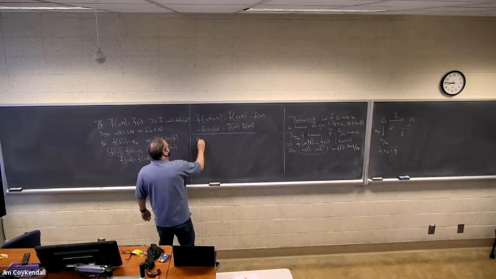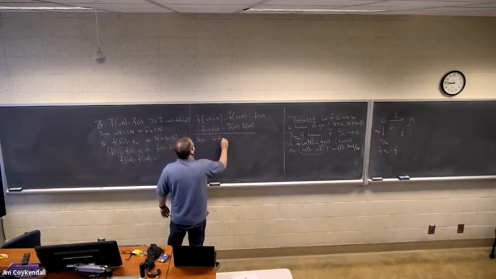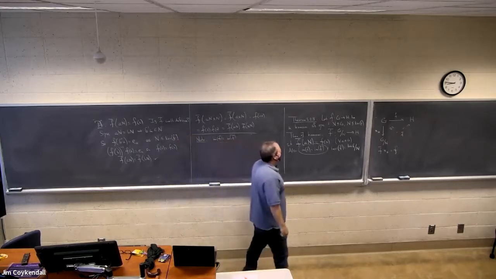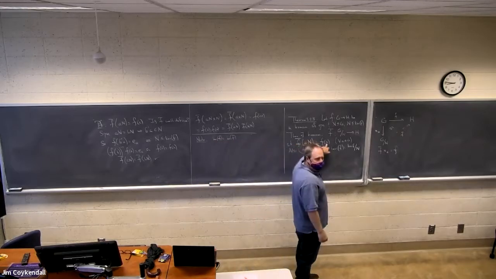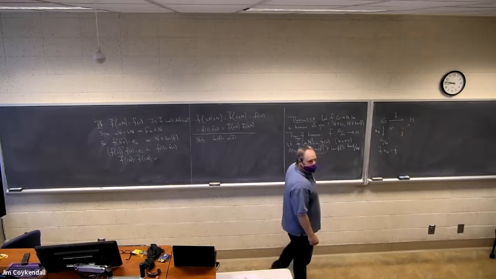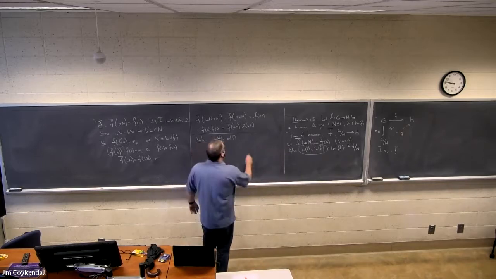Note image F is equal to image F bar, because any F of A in the image is mapped to by this, right? And of course, anything here by definition is in the image, so we've got both sets of containments.